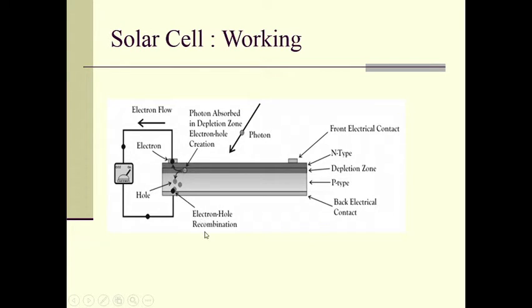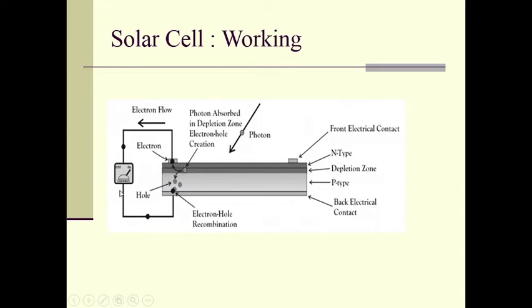When a photon is incident on this material, it will be absorbed in the depletion zone, and electron hole creation will take place inside this depletion zone. The holes will be attracted towards the cathode, and electrons will be attracted towards the anode.